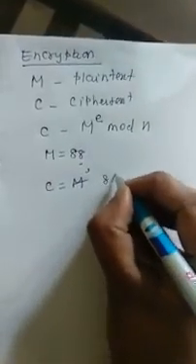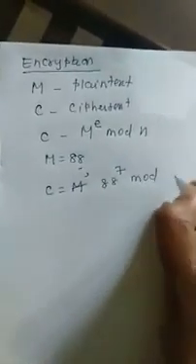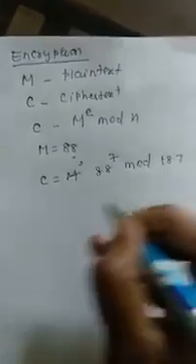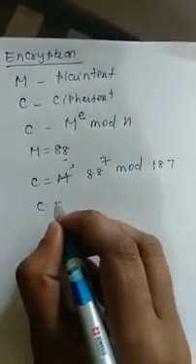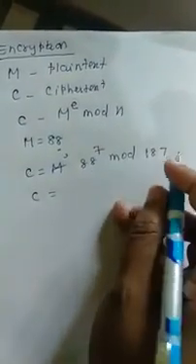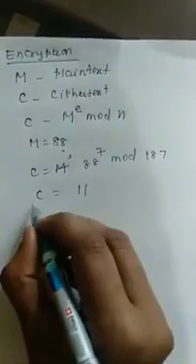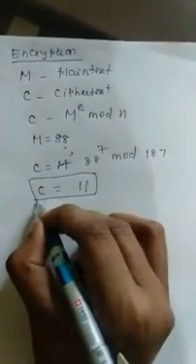So the value of M is 88 power 7 mod n. We already know the value of n is 187. If you calculate 88 power 7 mod 187 using the calculator, you will get the value 11. So now we have completed the encryption process, and we got the ciphertext.